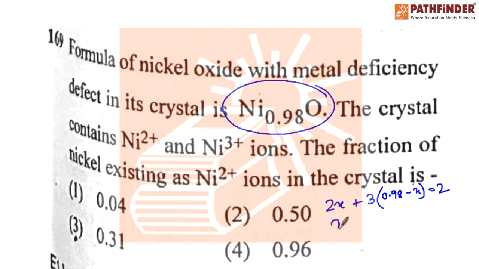So from this, if we calculate X, it will come 0.94. Now we have to calculate the fraction of nickel existing as Ni2+. So the fraction will be 0.94 divided by the total, 0.98. Approximately it will come 0.96. Okay, option 4 will be our correct option.